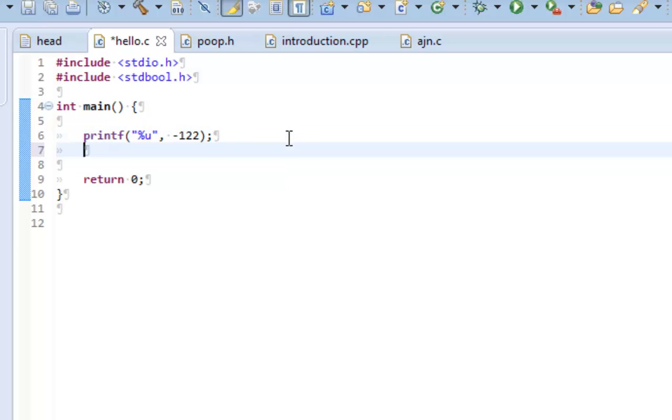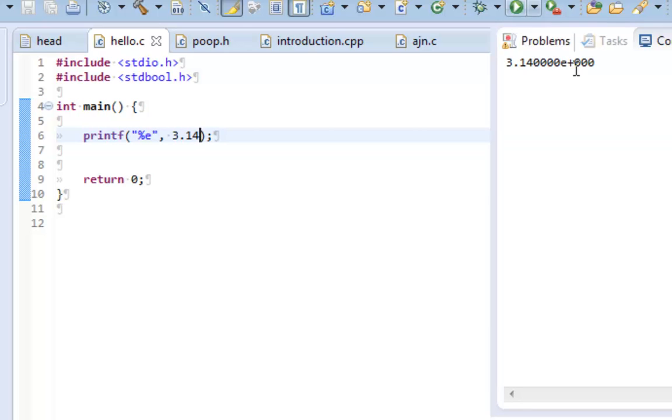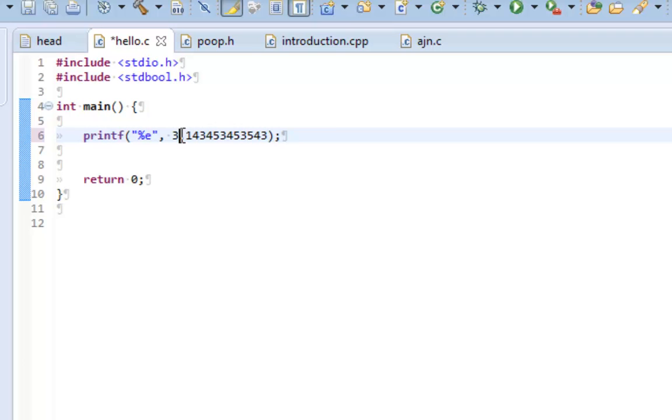Some more conversions are, for instance, the %e. Now, %e is kind of pretty cool, and what it's going to do is print out your number, whatever, 3.14, in exponential form. And if you know what exponential is, it's when you use the e to the plus 100. Maybe I should make my number larger.